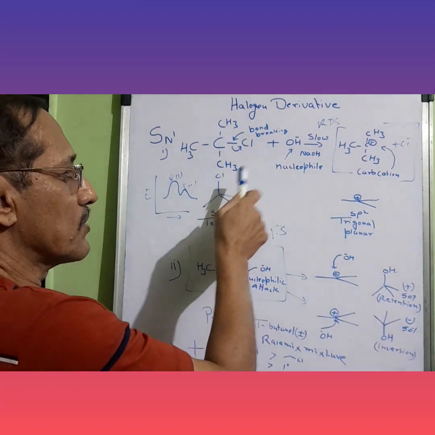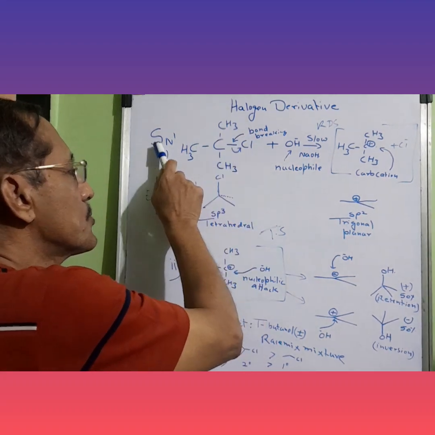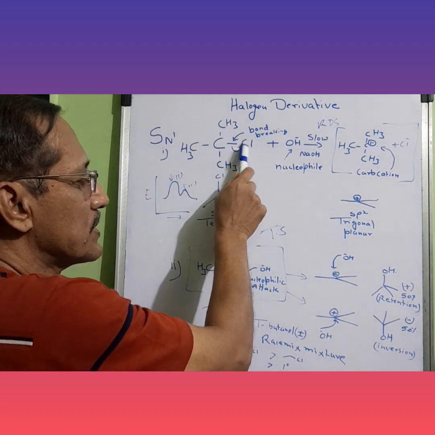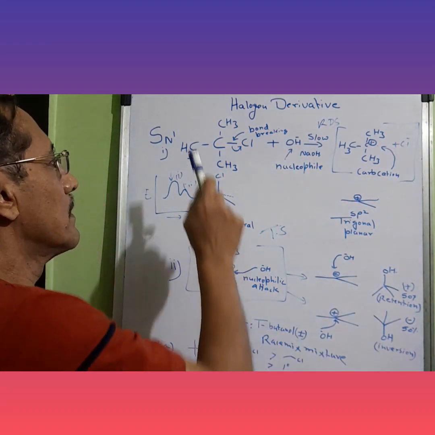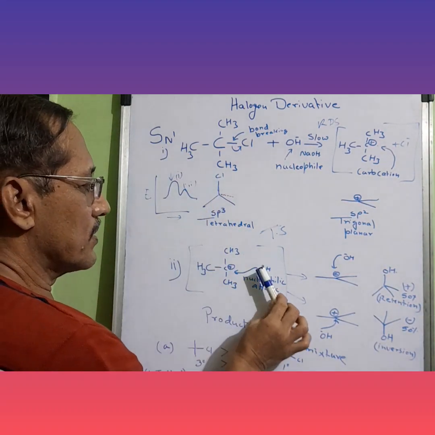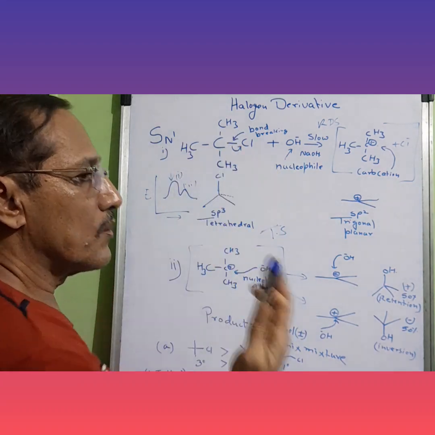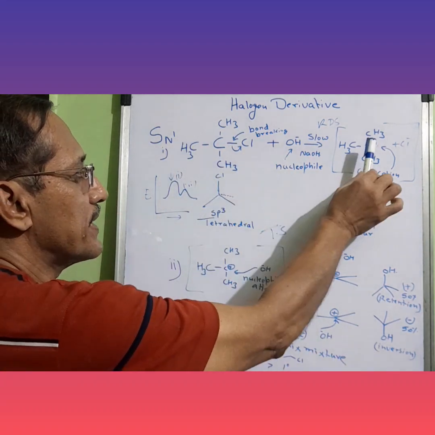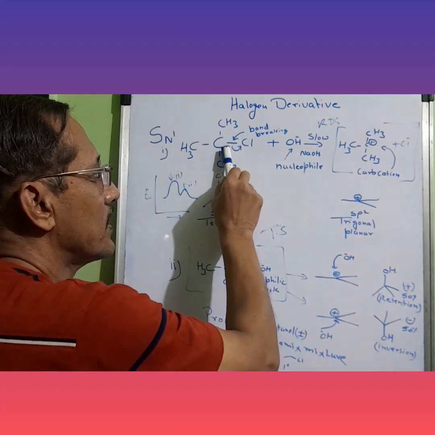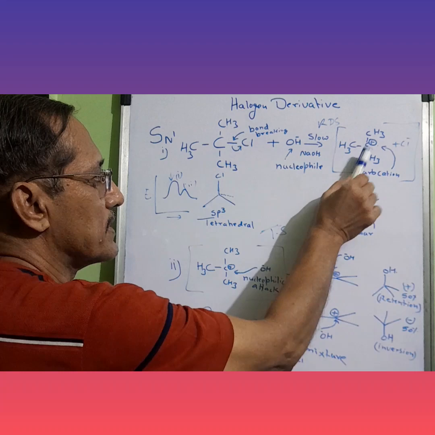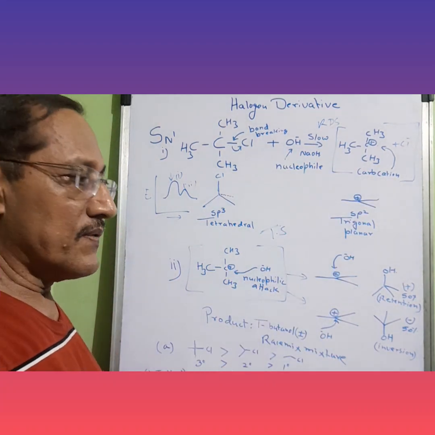Because it has done a nucleophilic attack. And why first order? Because in the rate determining step, only this one molecule is involved, not this. Alright, so that's all about the SN1 mechanism.